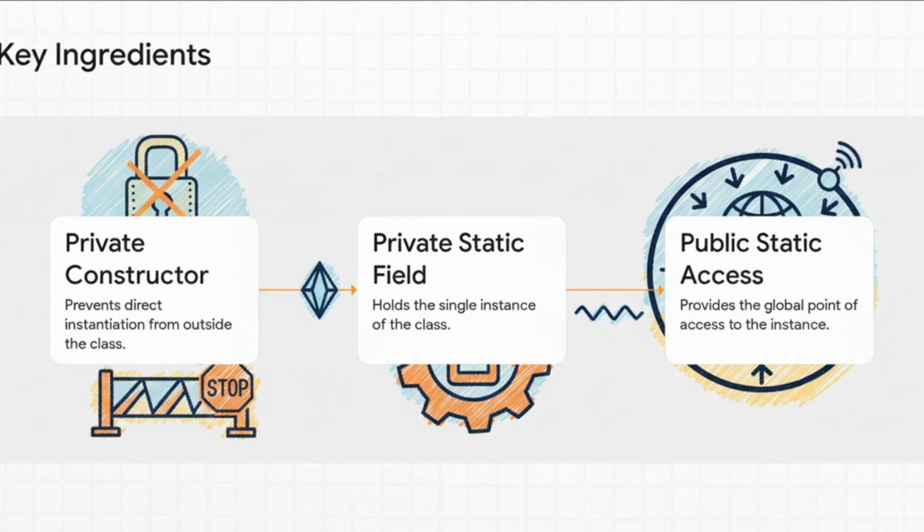First, you lock the front door by making the constructor private. That stops anyone from just creating a new instance whenever they feel like it. Second, the class itself secretly holds onto its one and only instance in a private static field. And third, it gives everyone a special key, a public static property, usually just called instance, that they have to use to get the object.